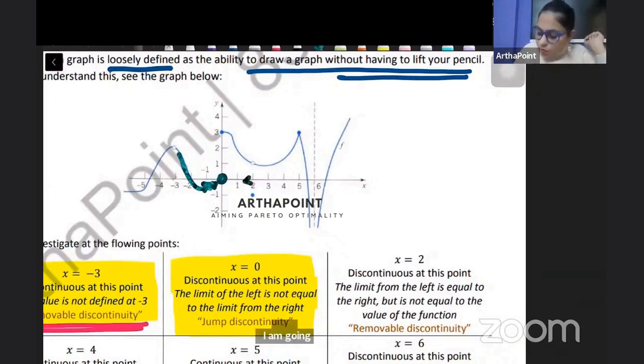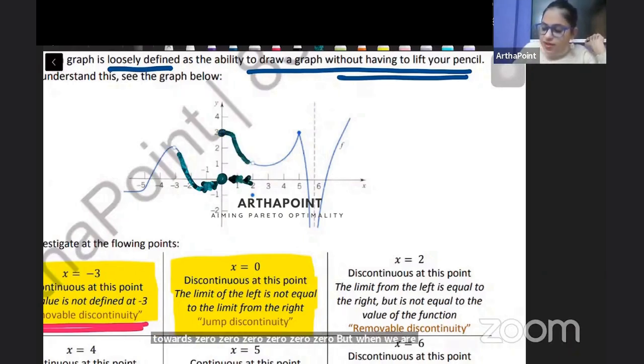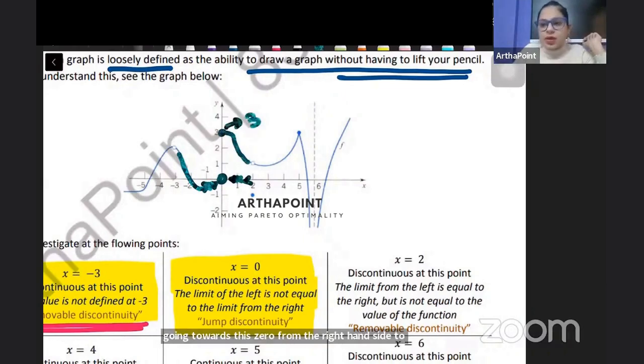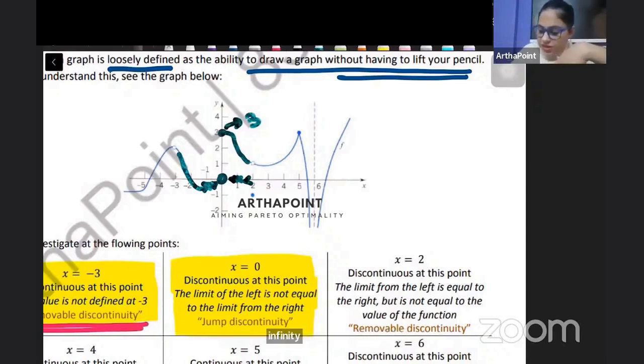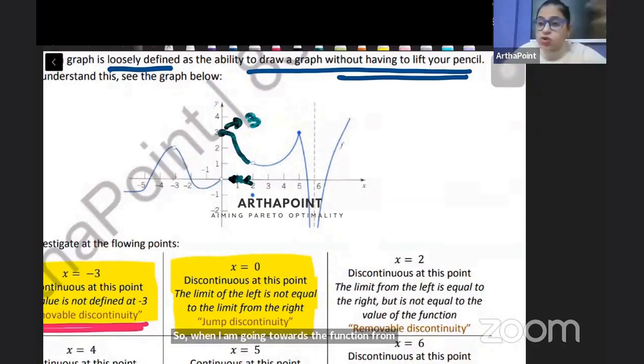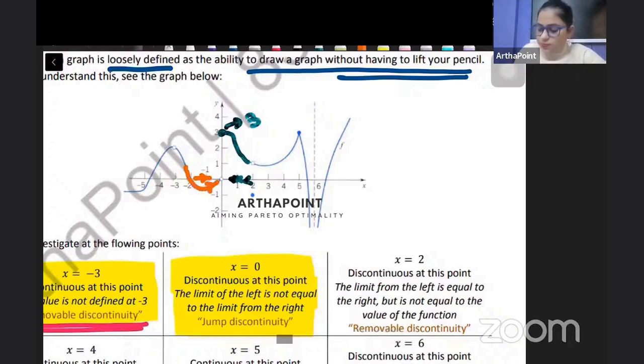But when we are going towards this 0 from the right hand side, my function is taking the value 3. So when I am going towards the function from the left hand side, my function value is also going towards 0. When I am approaching x towards 0, the function value is going towards 0.